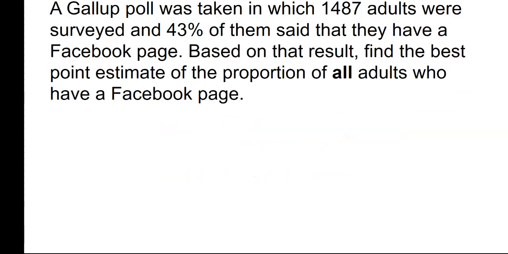So if you think about this, the proportion of all adults, this is to do with the population. I know it's a population proportion because that's the whole story, proportion of all adults. But then they did not go around talking to all the adults. They surveyed 1,487 adults. And of them, 43% said that they have a Facebook page.